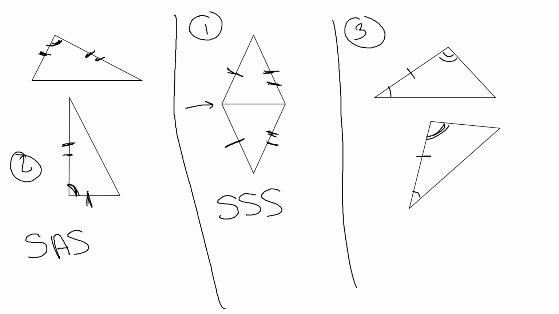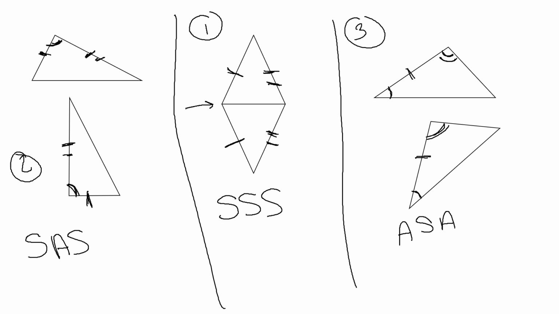Okay, let's look at these two triangles, number 3. We can see we have an angle that's congruent, a side that's congruent, and a second angle that is congruent. So these are congruent because of angle, side, angle. That's really all that this is.